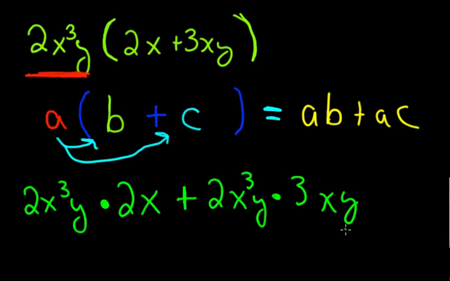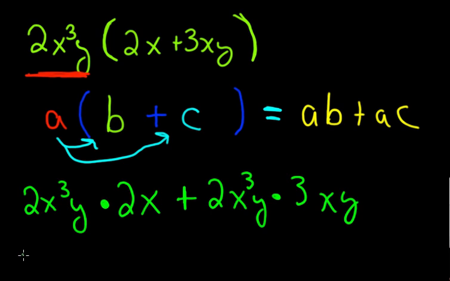So we've converted a multiplication of a monomial times a polynomial into two monomial multiplications. Plus sign still separates two terms, so we're going to end up with two terms when we're done.